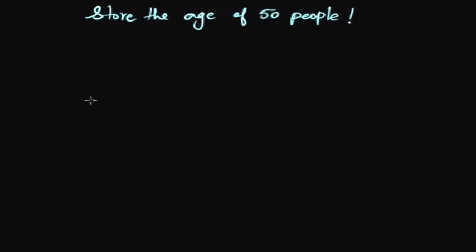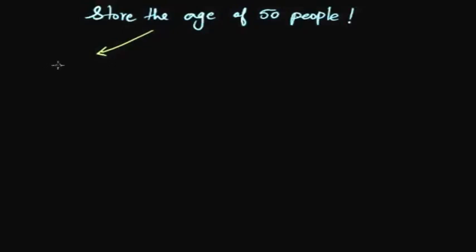So let us start off with this. If someone commands you to store the age of 50 people, now to store something you will need variables, right? So store the age of 50 people. One way of doing this, one way of storing the age of 50 people, there are 50 values, right? So we will need 50 variables, right?